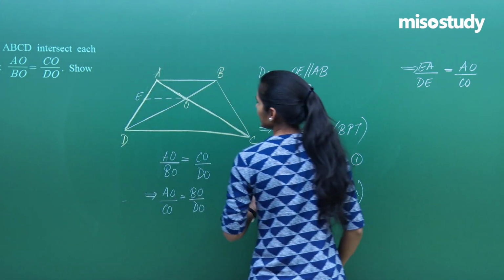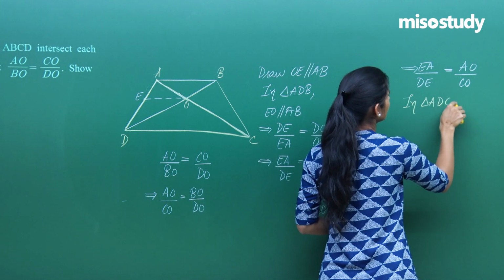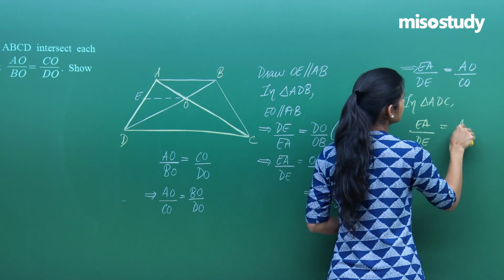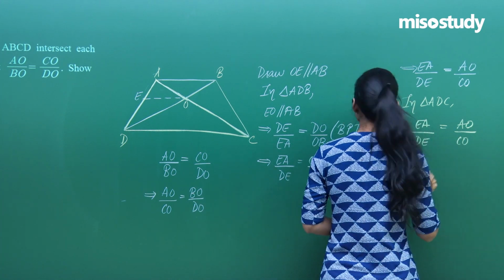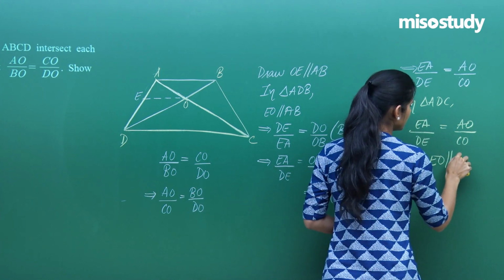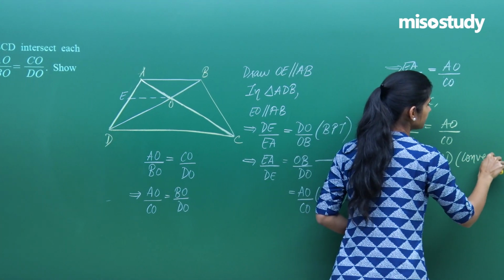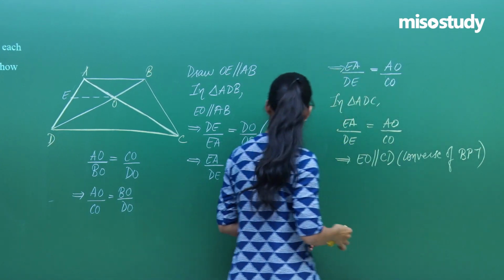So in triangle ADC, as I have written, EA upon DE is AO upon CO. This implies EO is parallel to CD by the converse of the basic proportionality theorem.